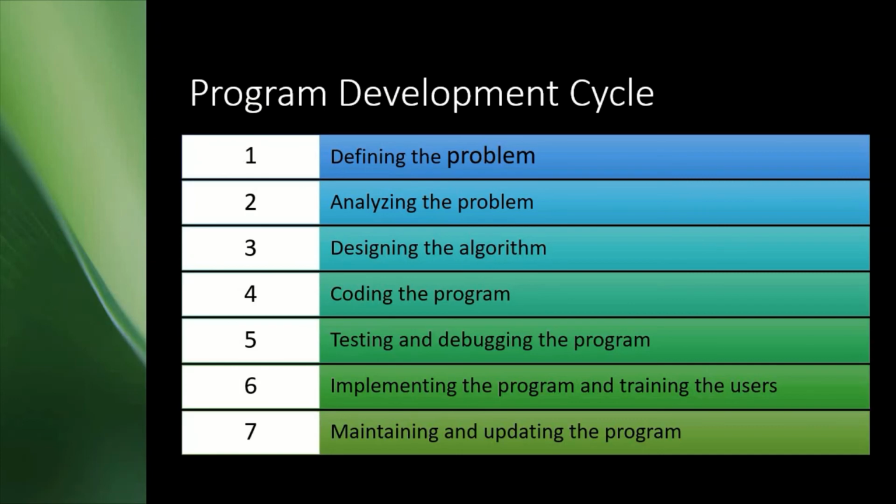And the last step is maintaining and updating the program. In future, if there are any changes to be done in the program based on the user's requirements, the program needs to be updated and the required changes will be performed in the program. So that is termed as maintenance of the program.